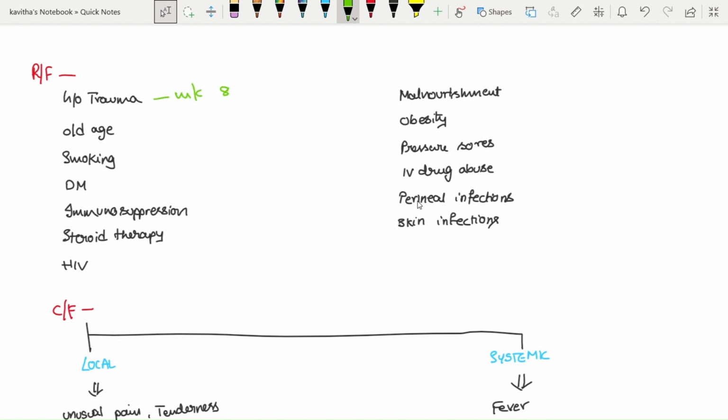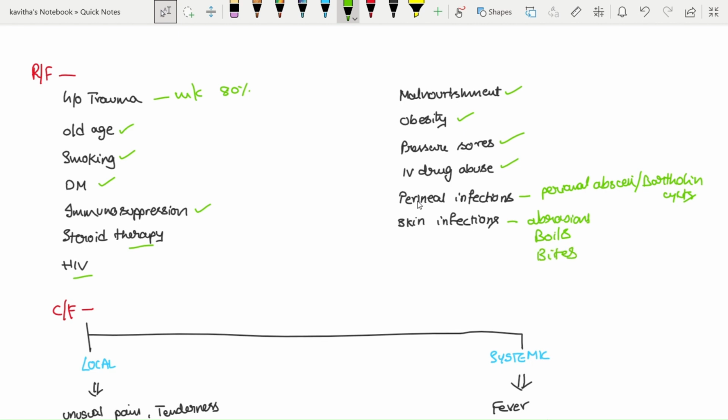Around 80% of patients will have a history of trauma, and it is more common in old age patients, smokers, diabetics, immunosuppressed individuals like those on steroid therapy or HIV, malnourished and obese patients, and patients with pressure sores, IV drug abuse, perineal infections like perianal abscess or Bartholin cysts, and skin infections or trauma like abrasions, boils, and bites.